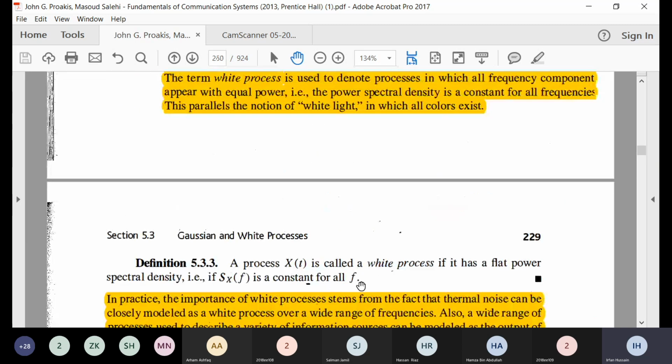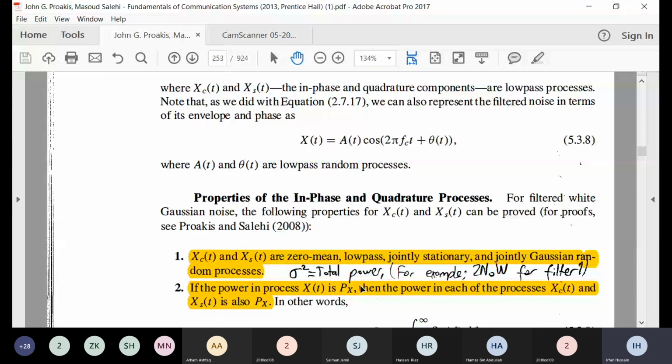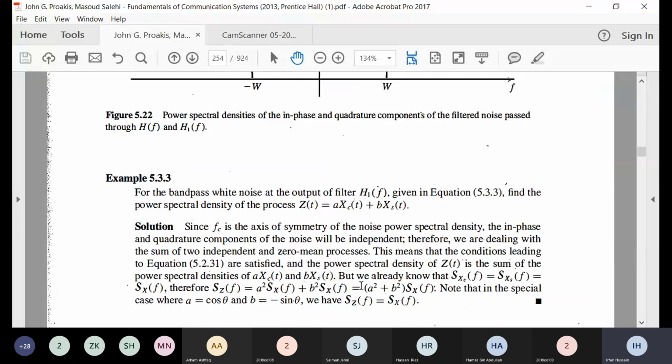So applying the same fact in the last example that we have studied here, the PSD of this will be the PSD of this times the PSD of this. You know the PSD of this: whatever the band pass brought to the low pass, double the height. This will be also the same, but this is being multiplied with A, and you have to find its PSD. So this will become A squared into this PSD, and this will become B squared into this PSD.